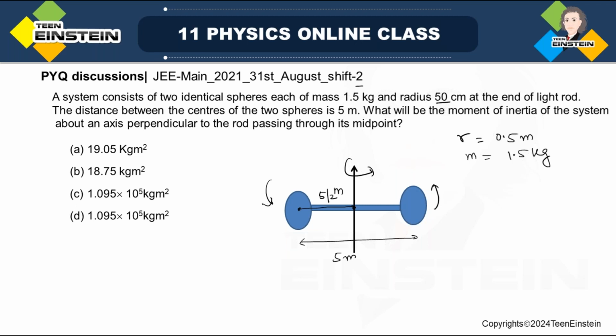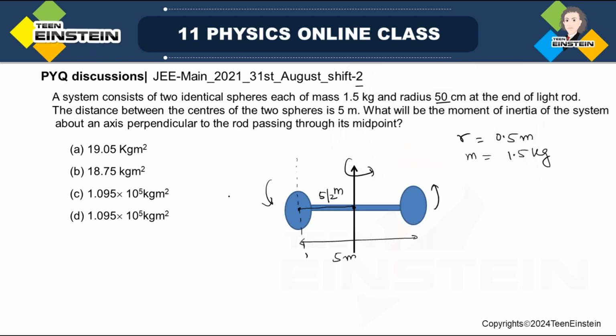This is a very simple and straightforward question. You have to find the moment of inertia of each sphere with respect to this axis, which is a parallel axis to the diameter of the spheres. If I consider a single sphere, I know the moment of inertia about its diameter, and this axis is a parallel axis at 5/2 meter distance away.